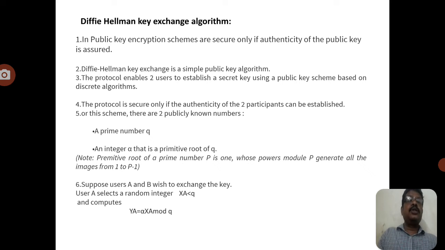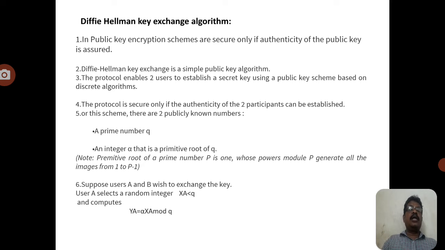The two users, user A and user B, can generate the common secret key with the help of some notations. In this algorithm, mainly two public numbers are used. The first public number is Q and the second is alpha, where alpha is the primitive root of the prime number Q. That is the relation between Q and alpha.